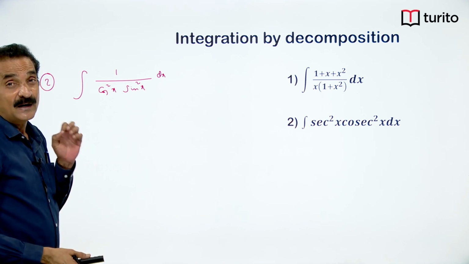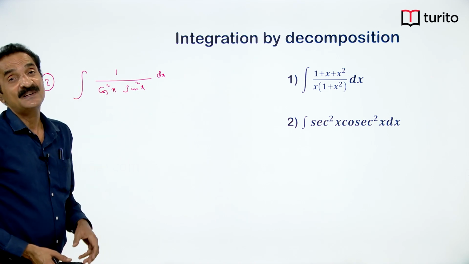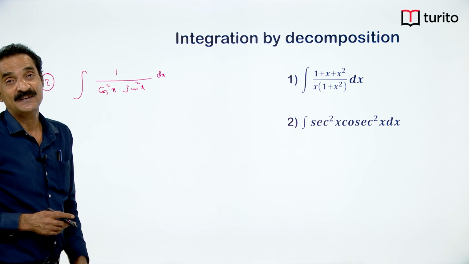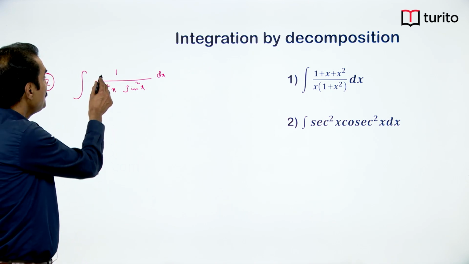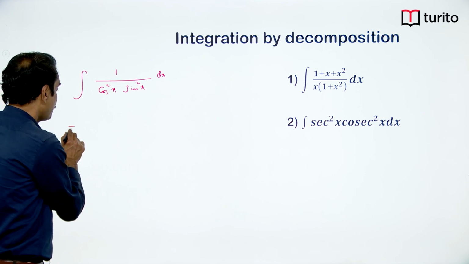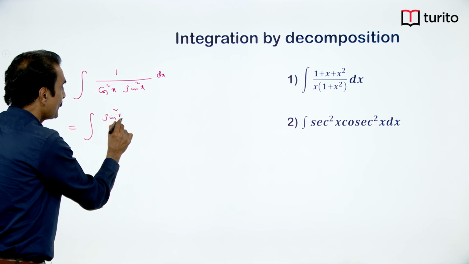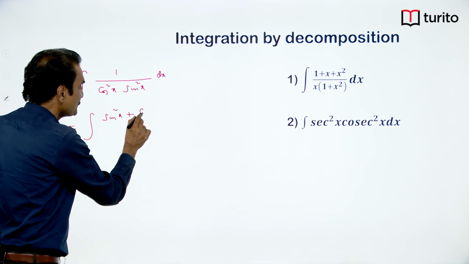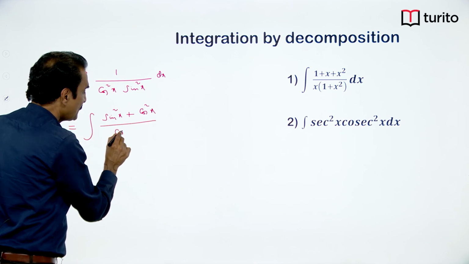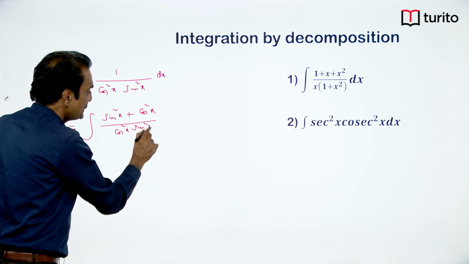Now, in order to decompose, we use the relation between cos square x and sin square x. What is the relation? Sin square x plus cos square x is 1. In the numerator, 1 is there. So, we write it as sin square x plus cos square x upon cos square x sin square x.